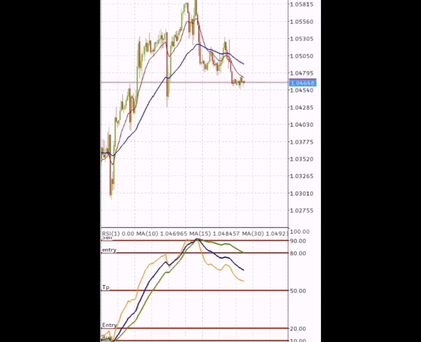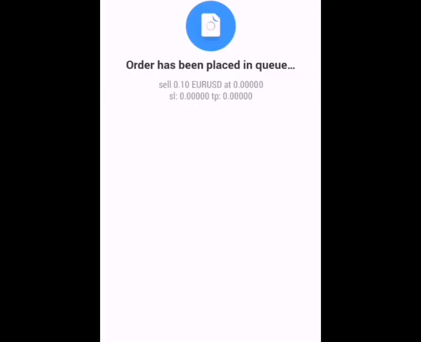On the RSI, all the moving averages did touch the 90 level, and they have all come to cross the 80 level, even though the green moving average is still on the 80 level. But I am hoping it is going to cross. So this is a good setup for a sell on Euro USD. I'm going to sell.